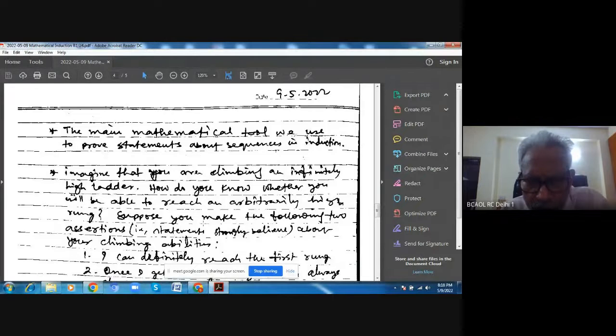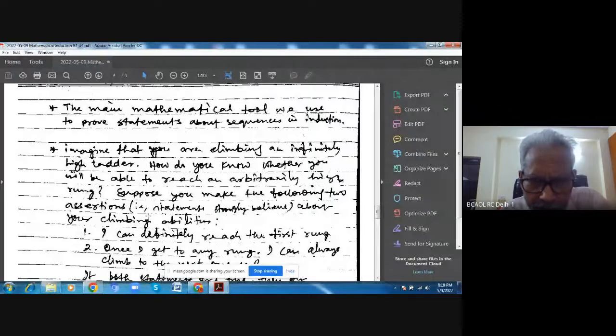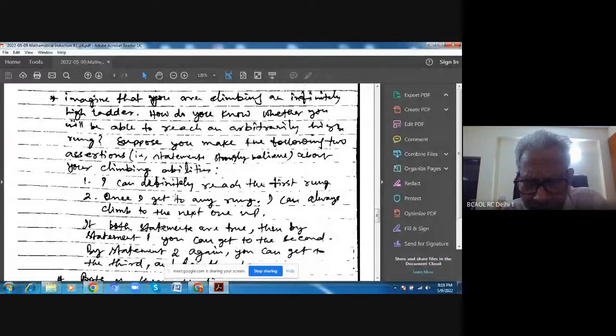Suppose you make the following two assertions, which in the case of statements you strongly believe about your climbing abilities. First, I can definitely reach the first rung, the first position. Second, once I get to any rung, I can always climb to the next one up, another stair.